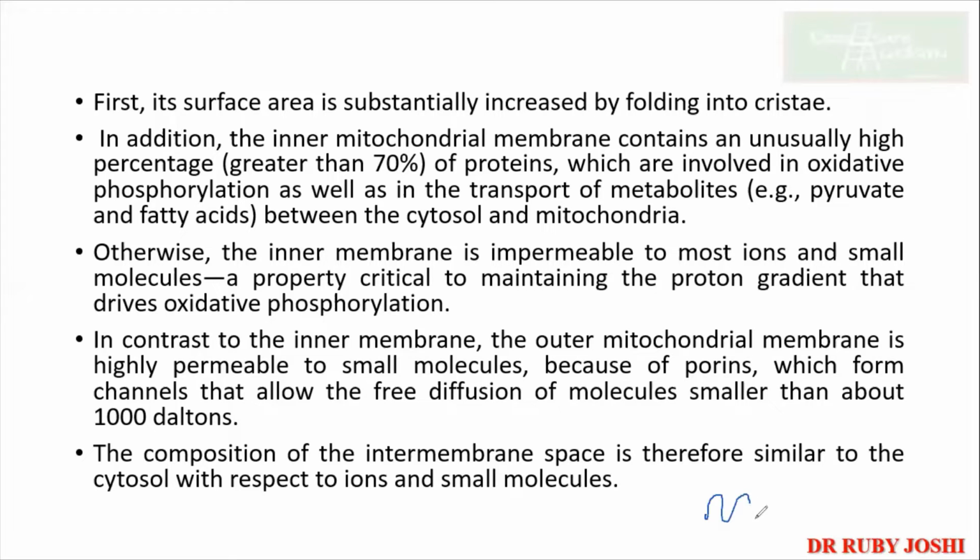See, this is, let's say, your inner mitochondrial membrane. This is your, let's say, outer. So what we are saying is that this particular region, the intermembrane space, its composition and the cytosol's composition are the same, similar. Then I'm saying, if these two are similar, then what is the need for it? It is like unnecessary synthesis of making an outer membrane.